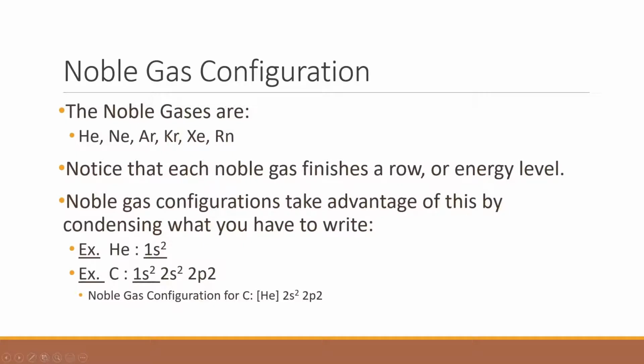Putting the noble gas in brackets is basically saying that this is occupying the 1s2 sublevel, and then you carry on from there. Now, this doesn't look that impressive right off the bat, but if we run through some examples as we go down the periodic table, we'll see how much more important this can get.